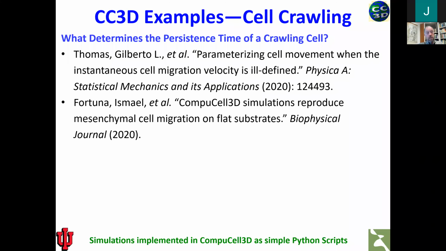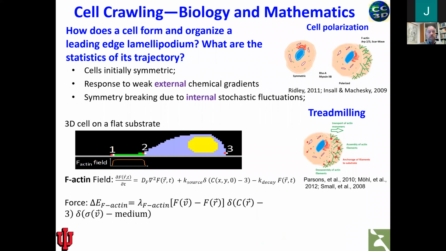And so you have to decide what you want to model and how, and then CompuCell provides tools for doing that. So we have Gilberto Thomas on the line. He'll give a talk about this and show you how to actually repeat these simulations. But he did some very beautiful work on cell crawling. In the case of cell crawling, you have a cell that consists of compartments.